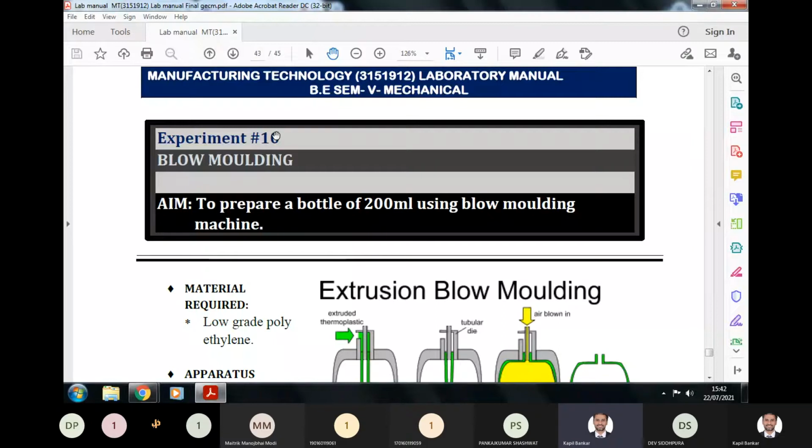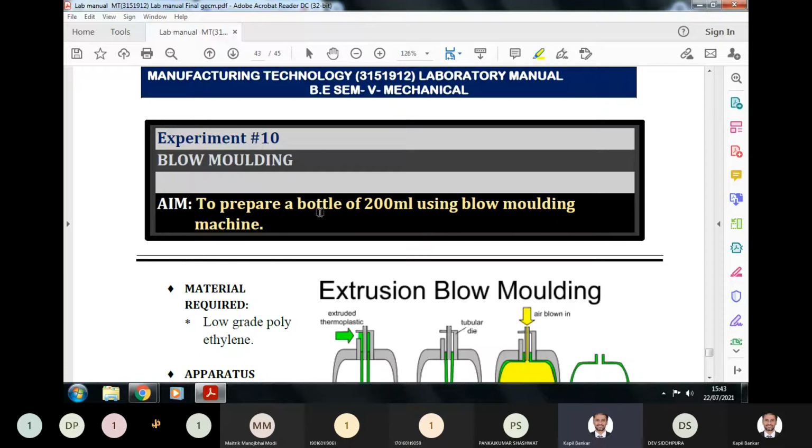That is the blow molding process. The aim of the blow molding process is to prepare a bottle of 200 ml using a blow molding machine. Blow molding is a process through which you can produce any type of hollow product with the help of polyethylene material.